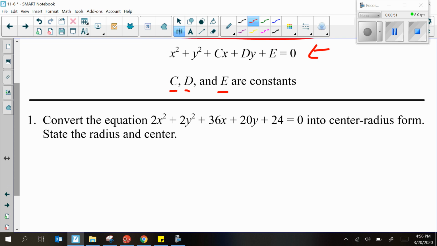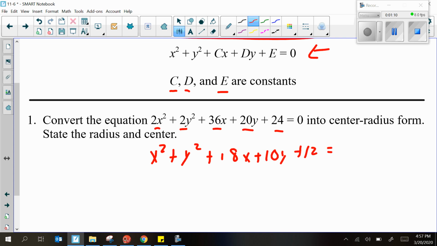But before we do that, look at all of these terms. Do you notice anything about them? They're all divisible by 2. So if we divide by 2, we can simplify this right away. And this will just make our problem that much easier.